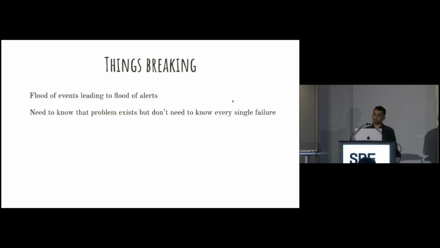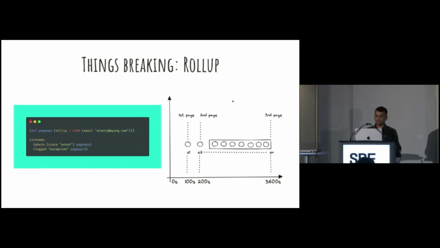So Riemann provides two kinds of streams for handling this. There's one stream called ROLLUP. ROLLUP allows you to process a few events quickly and then wait for the rest of the events, batch them, and send them as part of one notification.